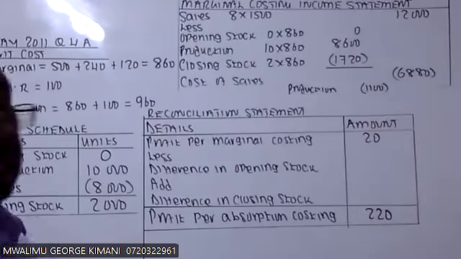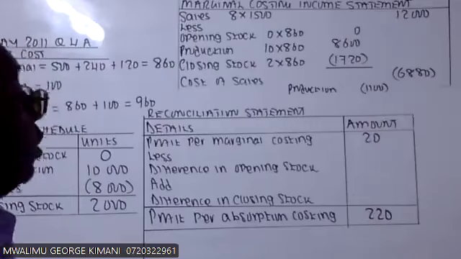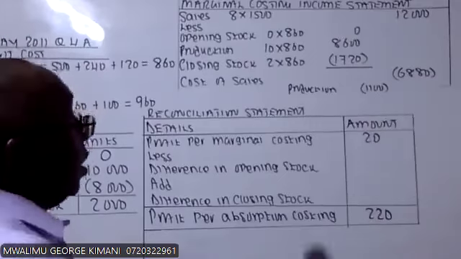Okay, good. The adjusted profit is 20. So this is now what you do when you are reconciling.